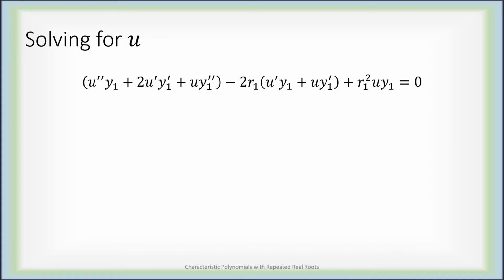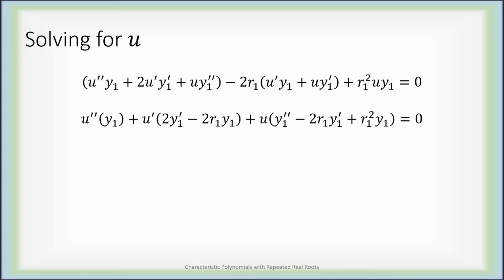All right, so here's the expression we need to solve for u, and we hope we don't just get a constant. I'm going to regroup terms according to what derivative of u they have. So here's the only term with u double prime. How many terms have a u prime? 2y1 prime, 2r1y1. There they are. And how many terms just have a u? y1 double prime minus 2r1 y1 prime plus r1 squared y1, and there's that term there.